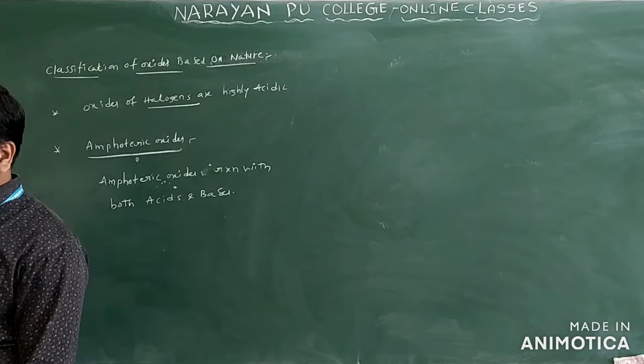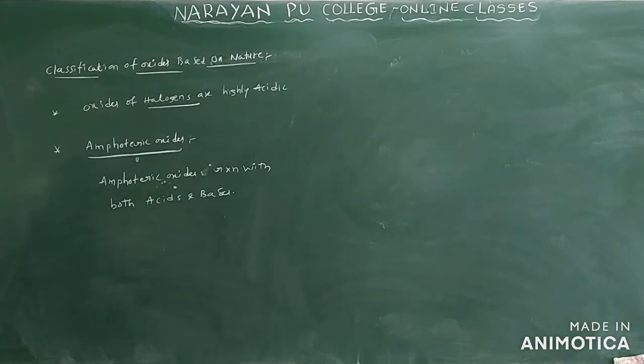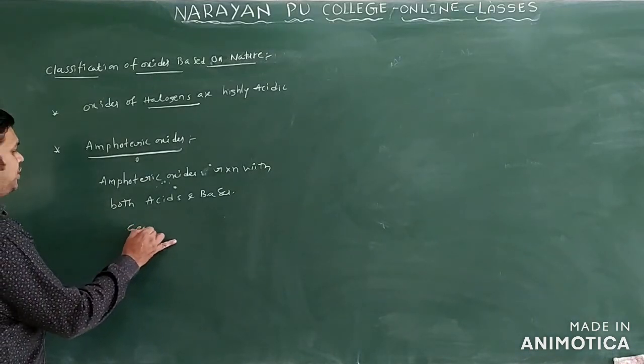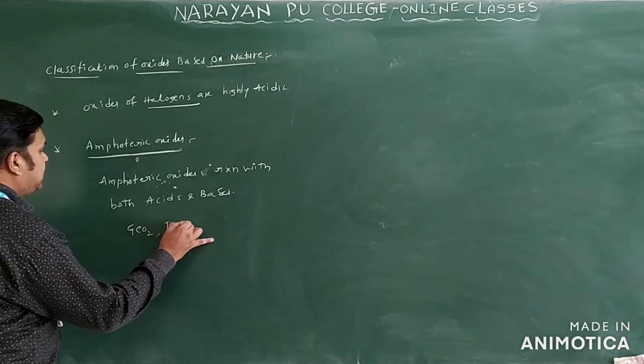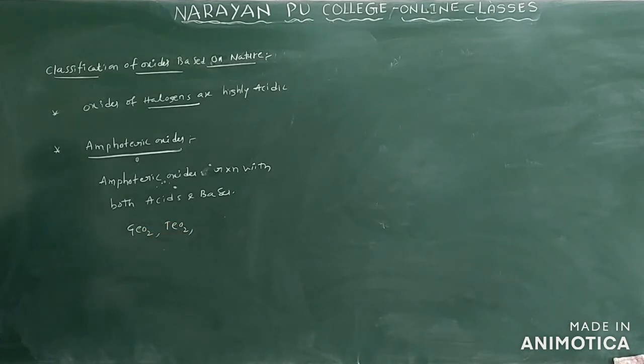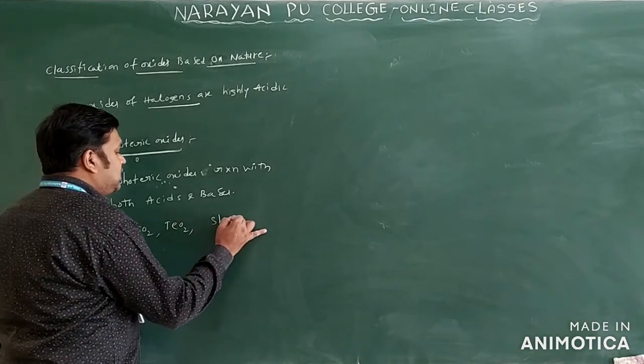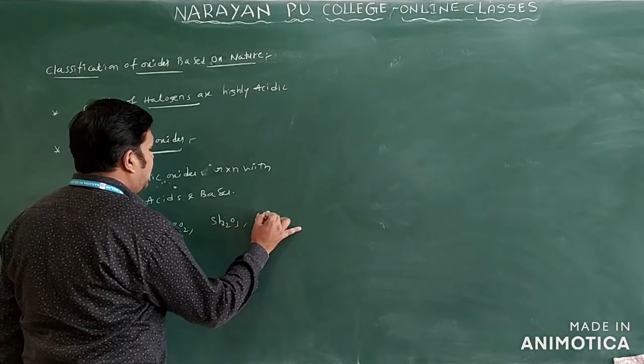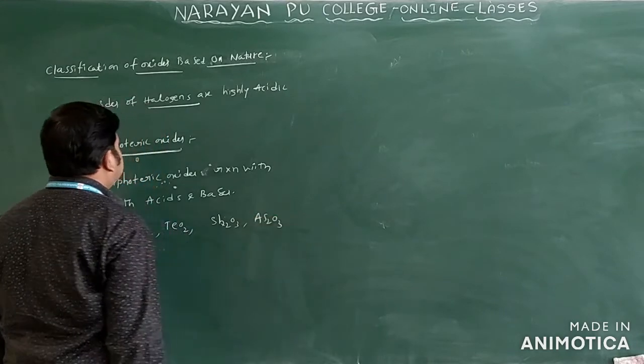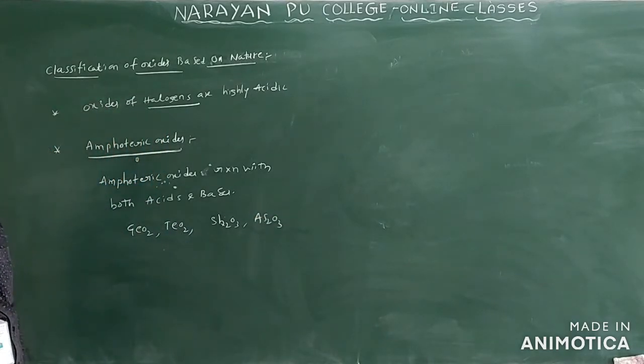We will write the amphoteric oxides with the same elements: germanium GeO2, TeO2 for tellurium, arsenic and antimony also, Sb2O3 for antimony, and As2O3. These are amphoteric oxides only.